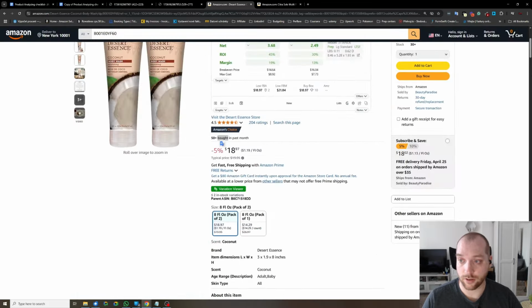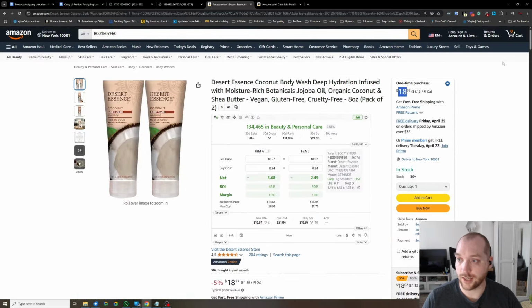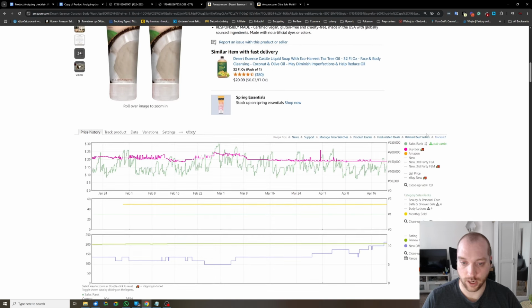So the current buy box right now is $18.97, right? Now, what we do at Keepa is we look at the lowest but stable point of the lowest selling price in this graph over the last 3 months, right?